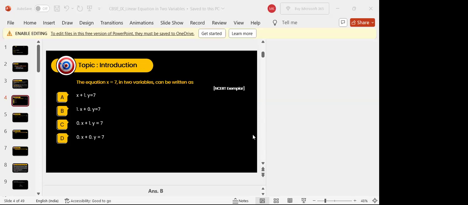Very good, that answer is right. The answer goes like this: x plus 0y equals 7, because y, the coefficient is 0. So the choice is B. Now we have the next question, please.